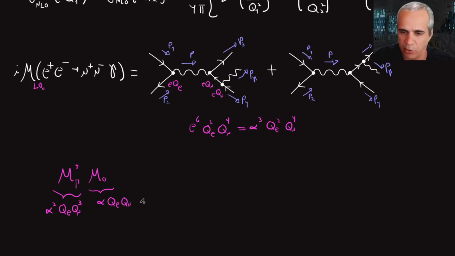So you see, both in terms of the alpha expansion and this charge scaling, the coefficient of these polynomials in the charges, these two contributions, the next to leading order contribution to the production of 2 muons and the leading order of the production of 2 muons plus a photon, scale with the same order in the perturbative expansion and the same behavior with the charges, which is another hint in the direction we want to go.